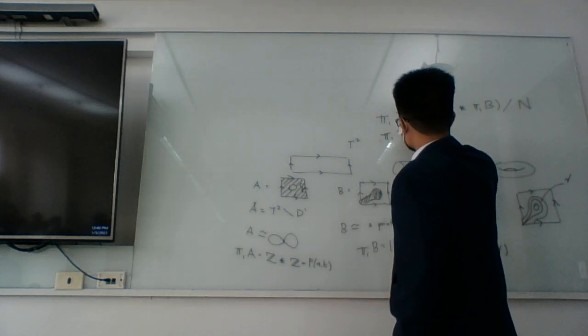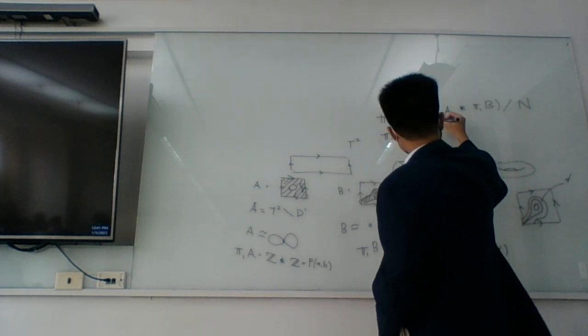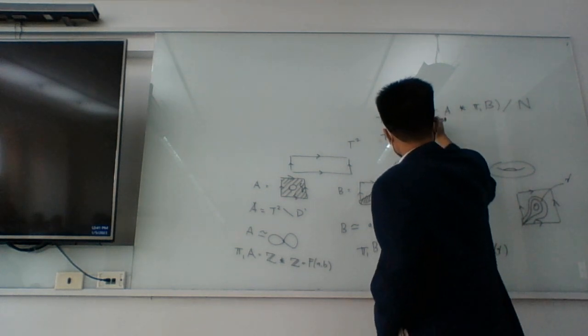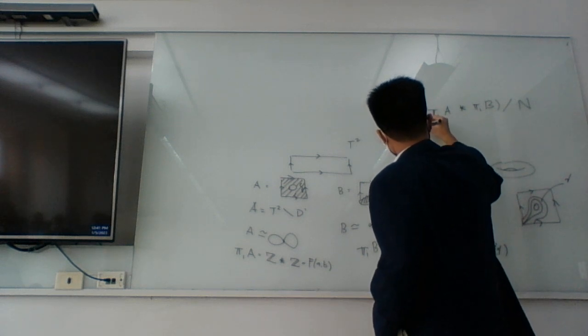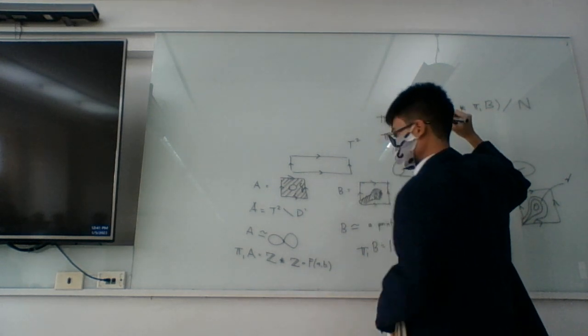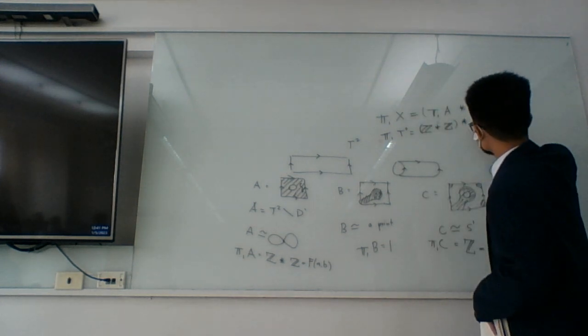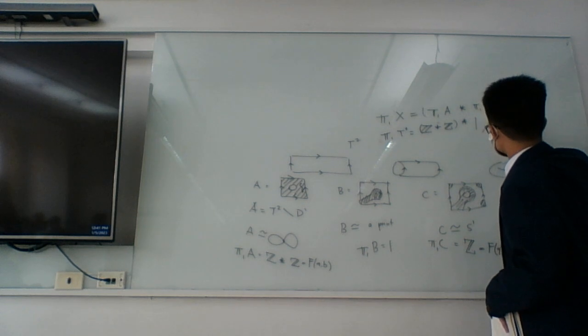So pi 1 of T2 is equal to pi 1 of A, or rather Z, free product Z, free product 1, mod N.